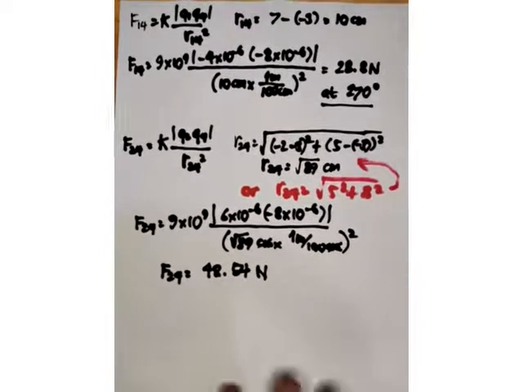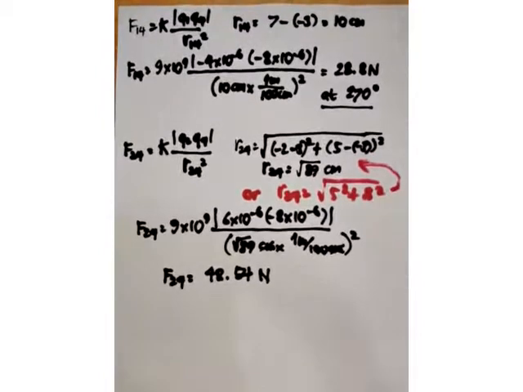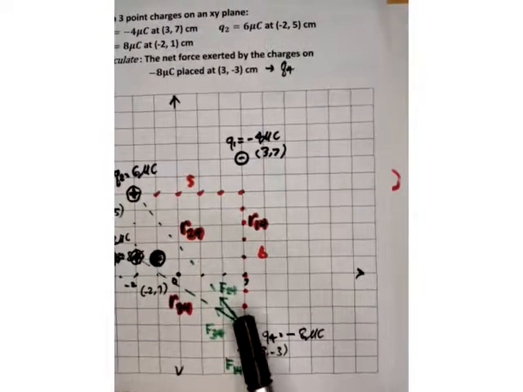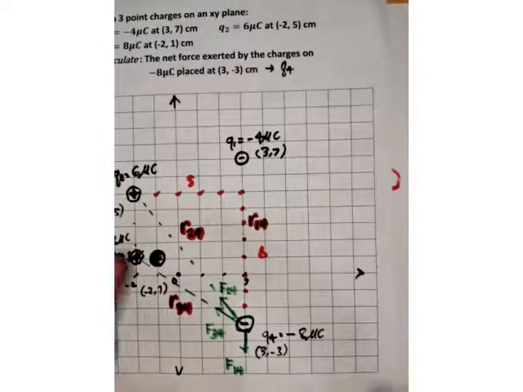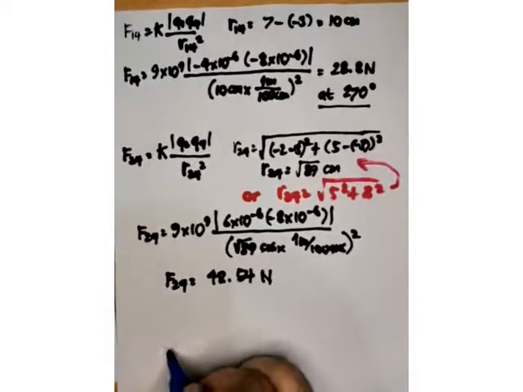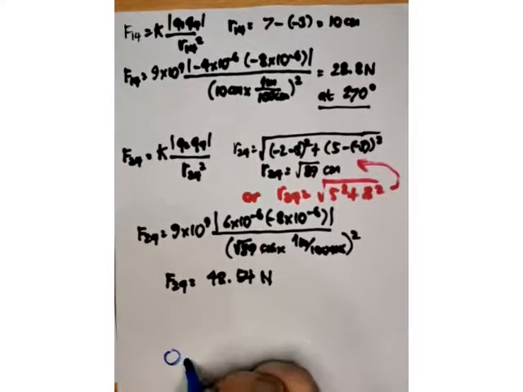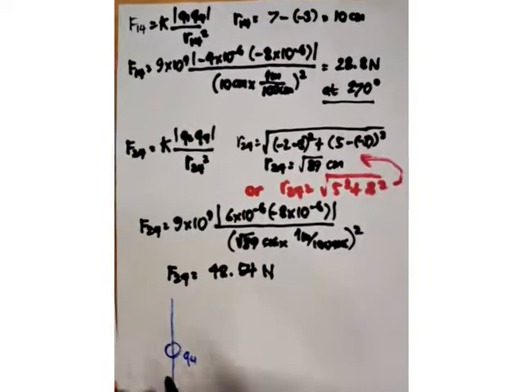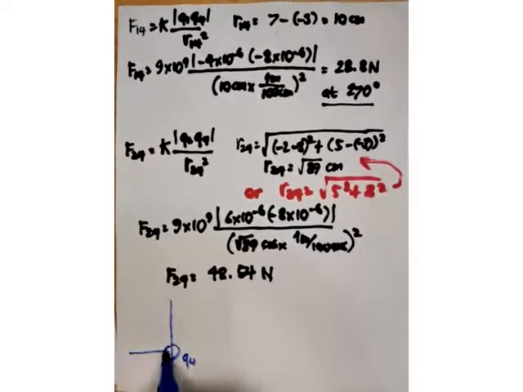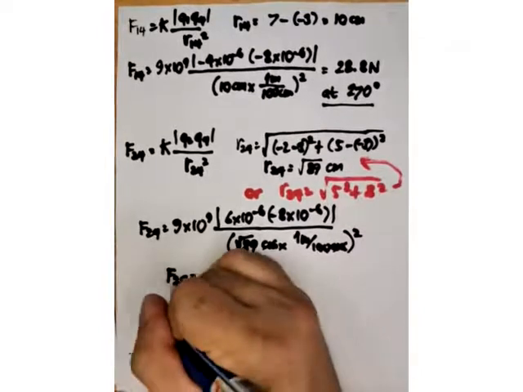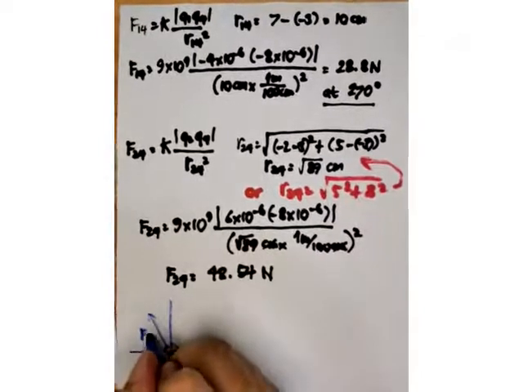Ayan. Okay, ngayon, may problema tayo sa angle. Angle naman ang problema. Ano ang direction? So, pag kukunin natin ang direction na yan, so if I will draw the charge. So, ito yung charge natin na Q4. Okay, so maglalagay tayo ng bagong reference na X and Y plane. So, yung force natin ay nandito. Yun yung F24.